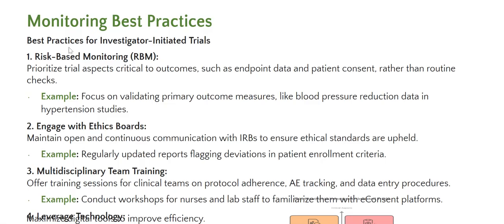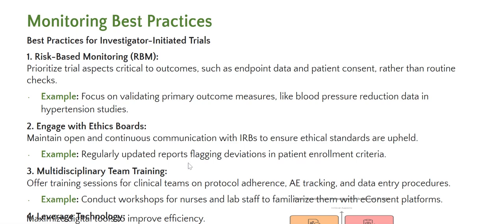Monitoring best practices. Best practices for investigator-initiated trials. We have RBM, risk-based monitoring: prioritize trial aspects critical to outcomes such as endpoint data and patient consent rather than routine checks. Example, focus on validating primary outcome measures like blood pressure reduction data in hypertension studies. Engage with ethics boards: maintain open and continuous communication with IRBs, institutional review boards, to ensure ethical standards are upheld.